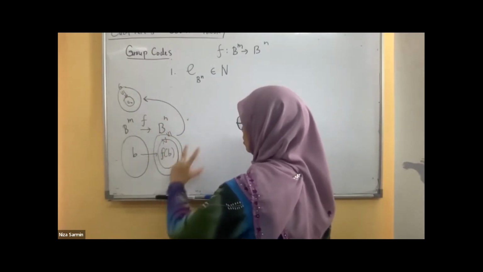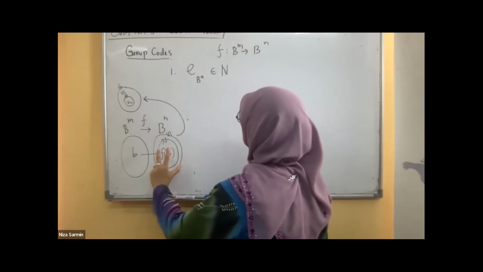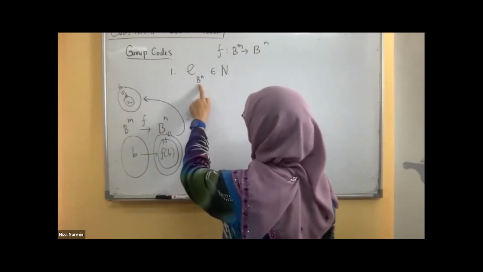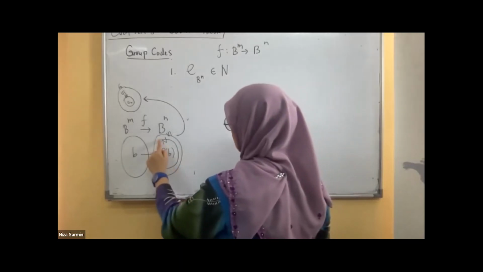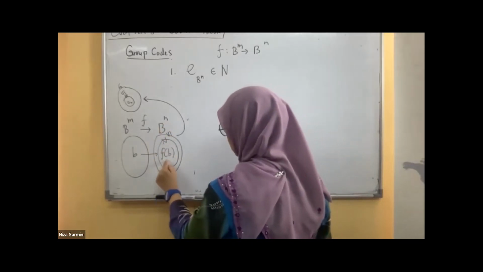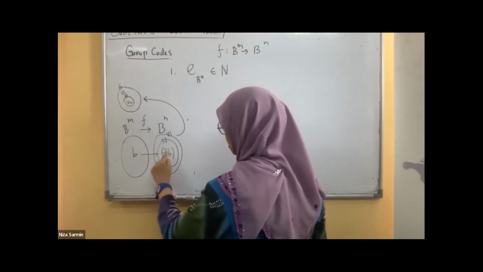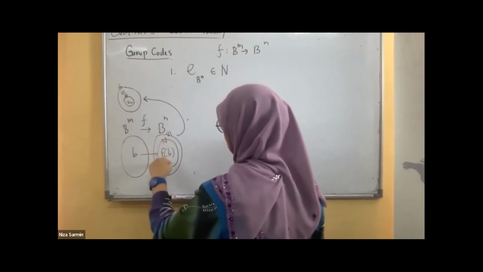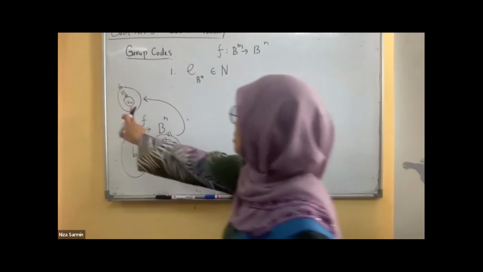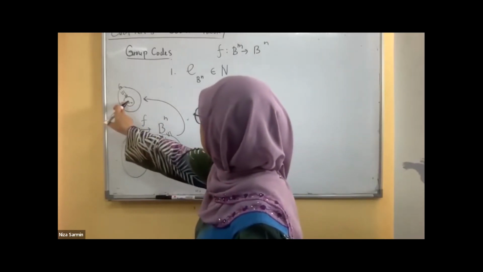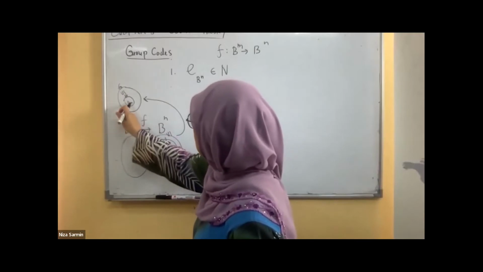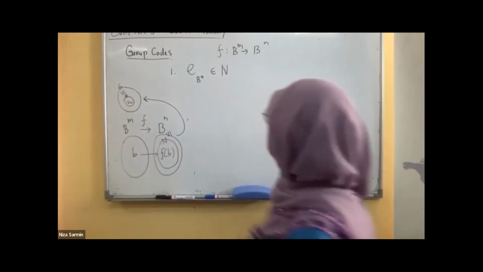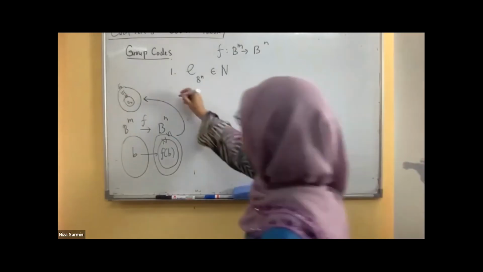So the identity of Bn, we want it to be inside here, not outside. This is the one from the previous chapter: H is a subgroup of G if the identity of G is in H.